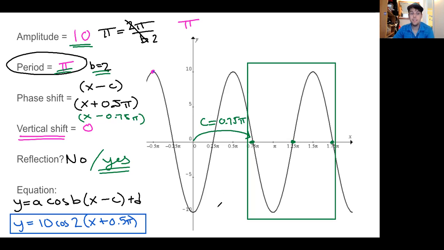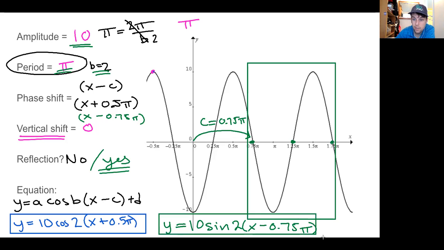So let's go ahead and write this as a sine equation. I'm just going to pretend this is sine and use this as my outline. It is y equals 10 sine of 2x minus 0.75 pi. No vertical shift, so plus 0, plus nothing. So that would be the equation based on this particular cycle that I'm looking at over here.